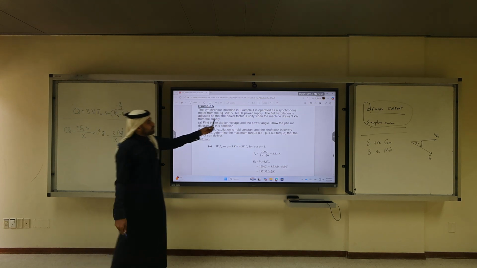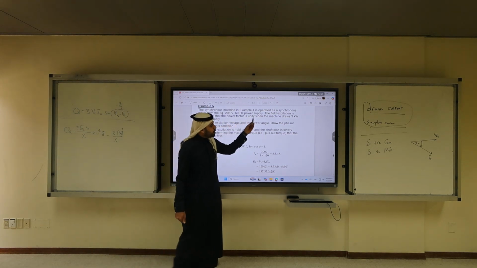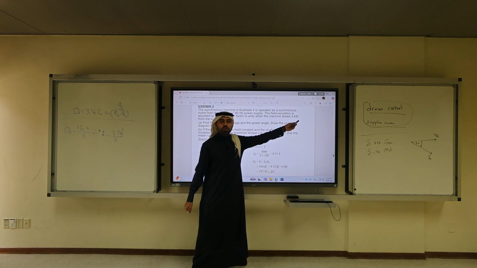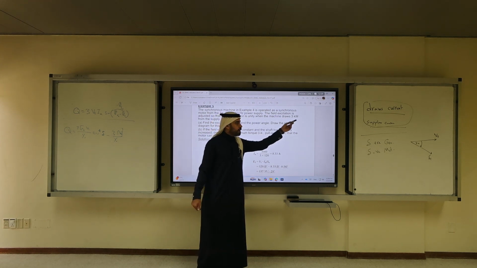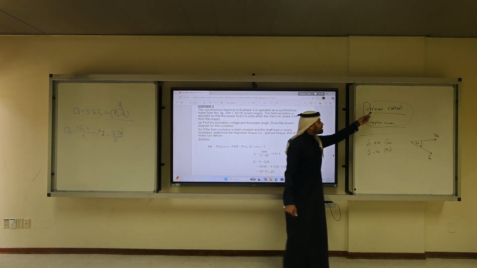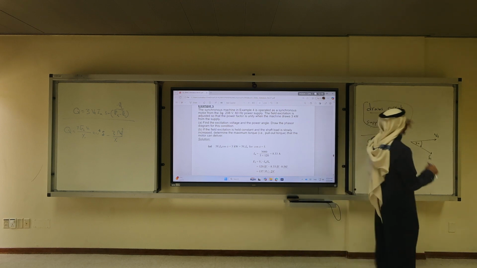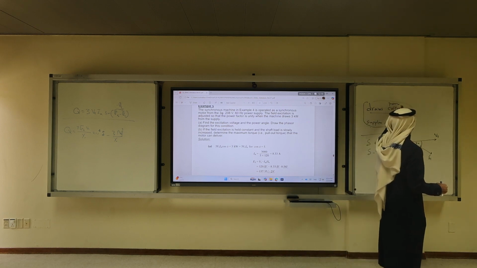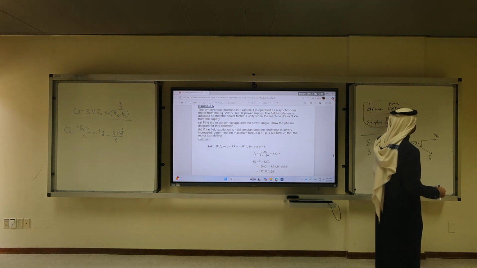He's telling me the unity power factor when we draw 3 kilowatt. So that's another way of saying draw current. You can say draw current or draw power. Supplies current or supplies power.